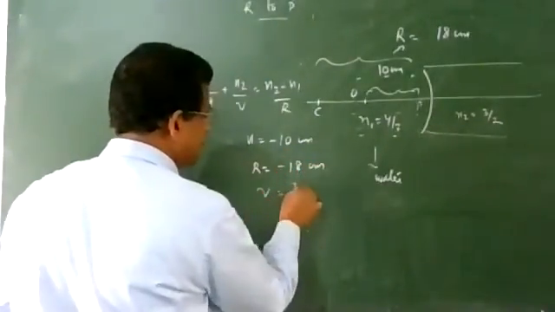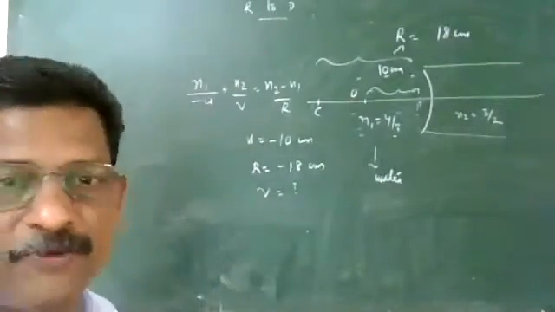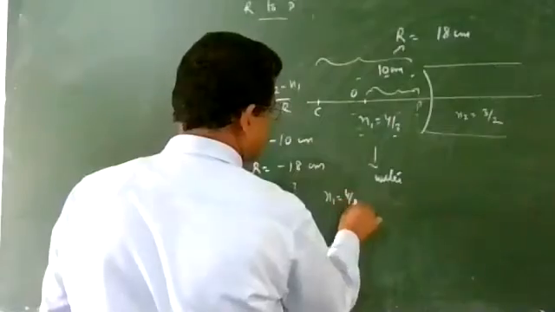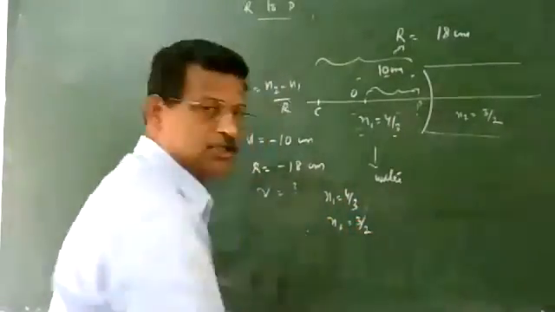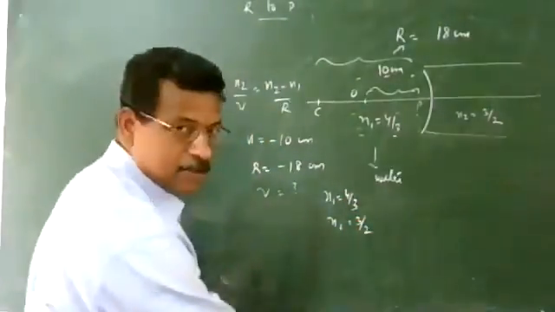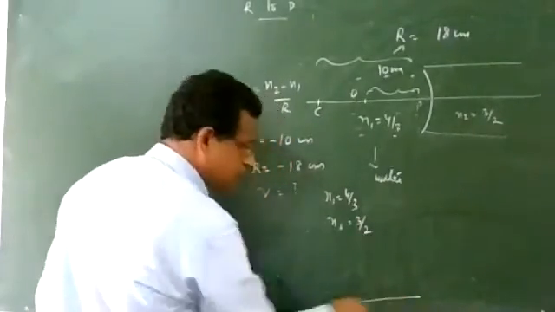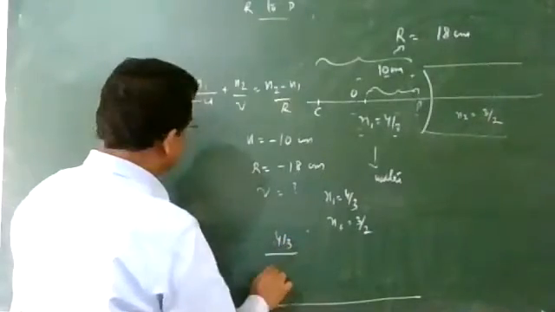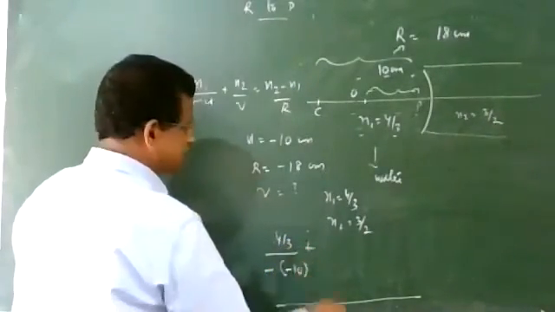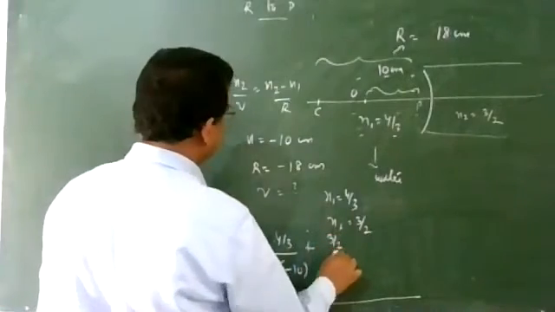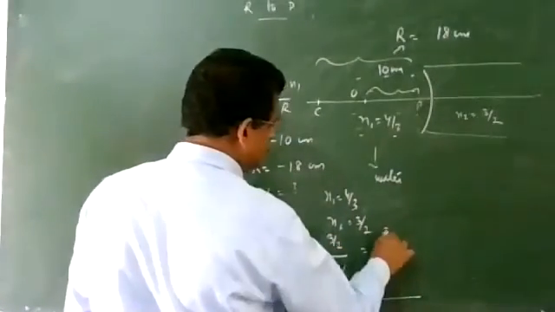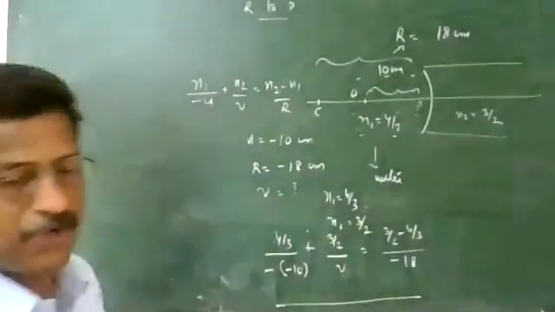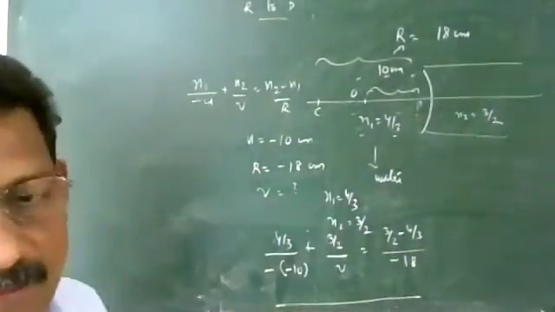The sign automatically tells whether it is a real or virtual image. So substitute the values. N1 is 4 by 3 divided by minus of minus 10, plus N2 is 3 by 2 divided by V, equal to 3 by 2 minus 4 by 3 divided by minus 18. Simplify all of this.